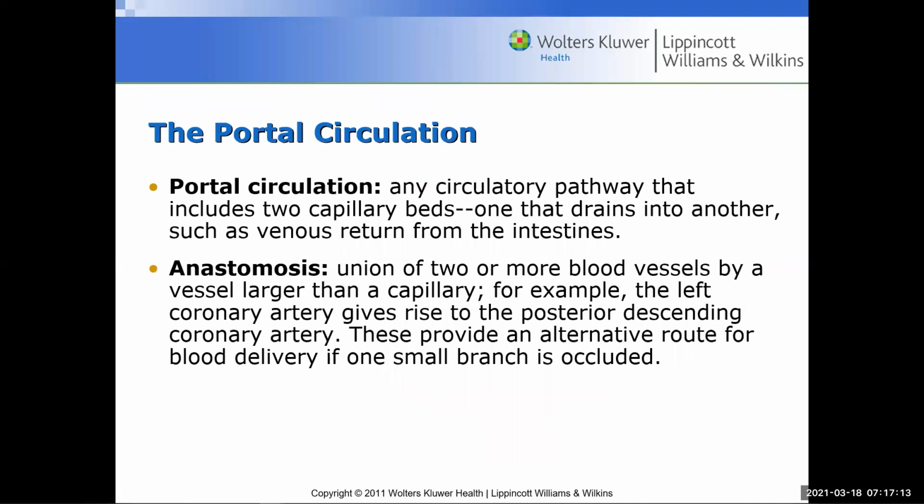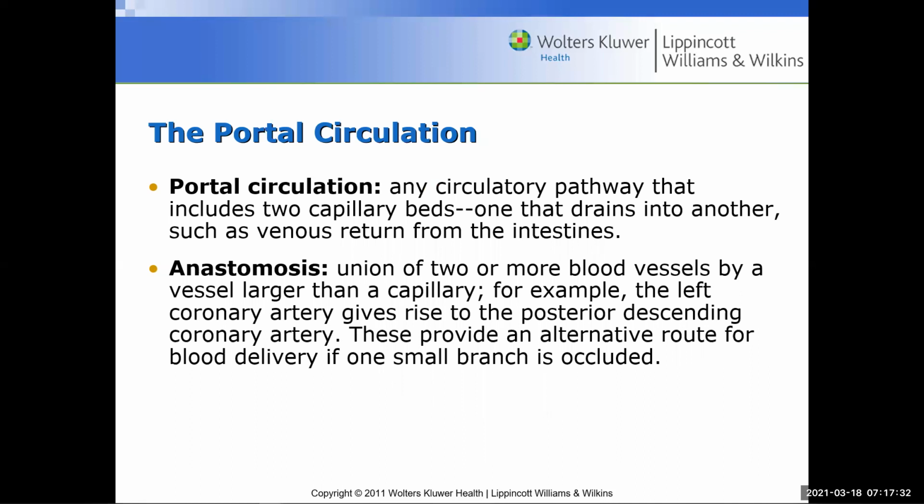All right. So the final thing we want to talk about is the portal circulation. So notwithstanding the systemic and the pulmonary circulation, the portal circulation is any circulatory pathway that includes two capillary beds, one that drains into another, such as the venous return from the intestine.